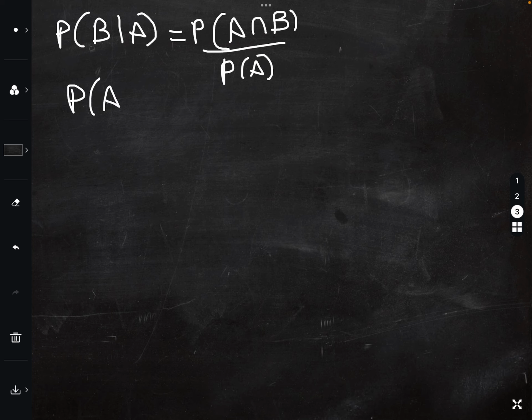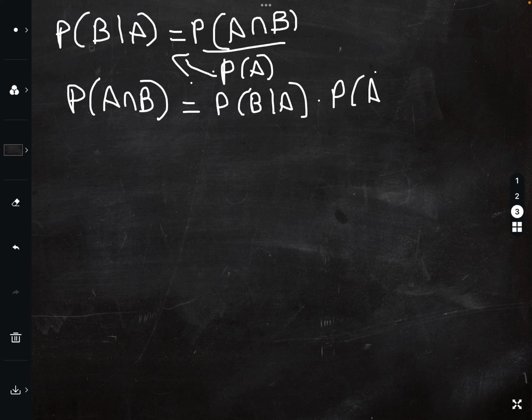P of A intersection B is equal to P of B given A into P of A. This is known as the multiplication theorem of two events.